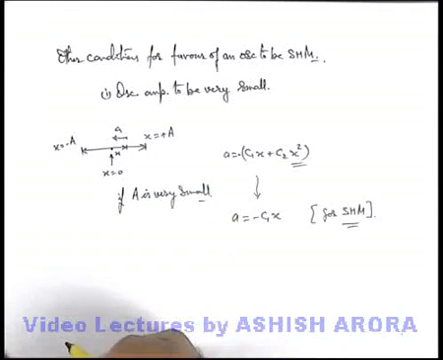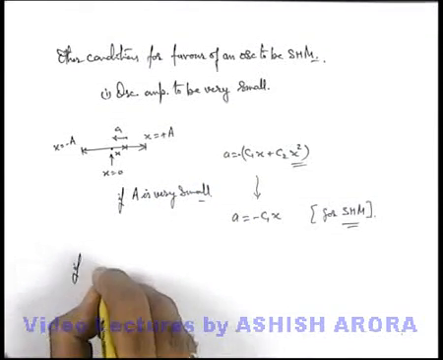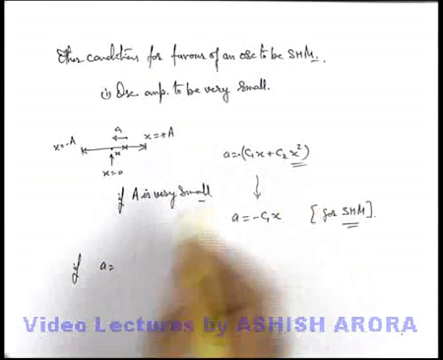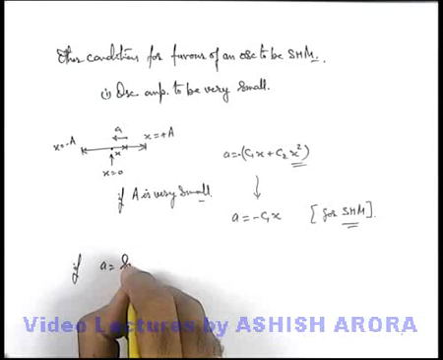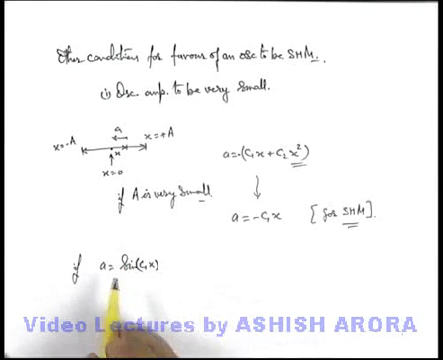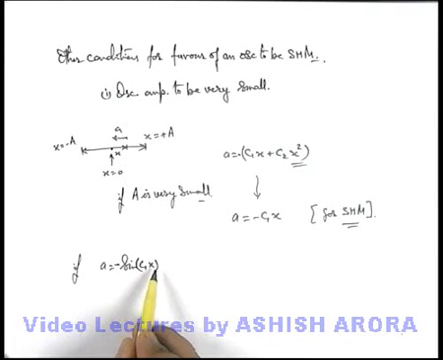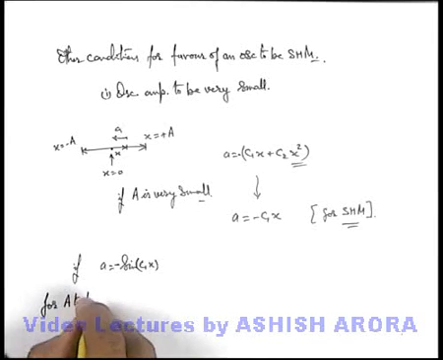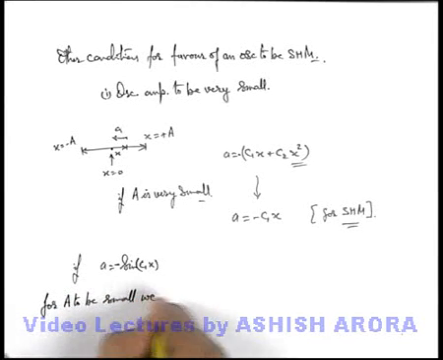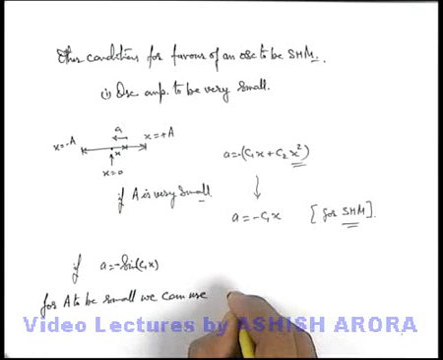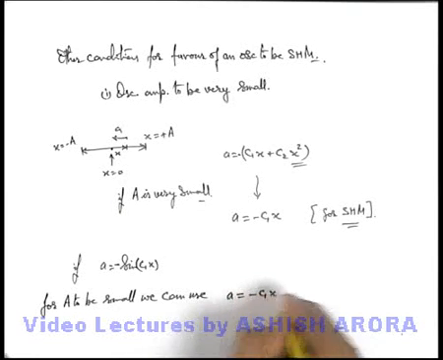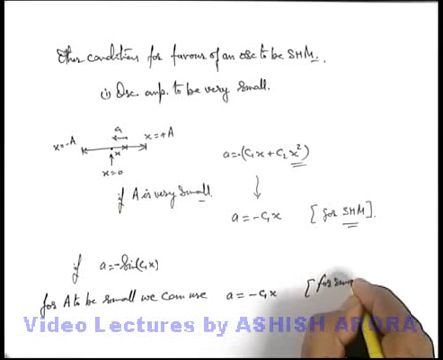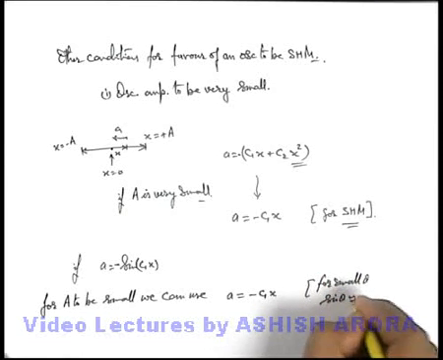Similarly, there are many other cases we can analyze, like if a is given not as a polynomial function of x but as, say, sine of c1x. Again here acceleration depends on a sinusoidal function of x, not a direct relationship between acceleration and x. Then also, for a small, we can use acceleration as approximately minus c1x, as for a small theta, sin theta can be approximated as theta.